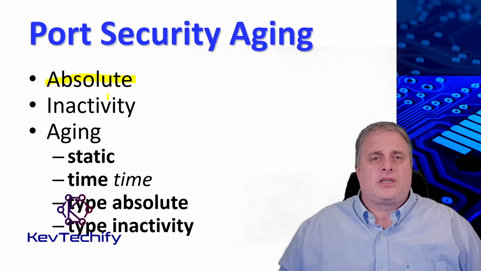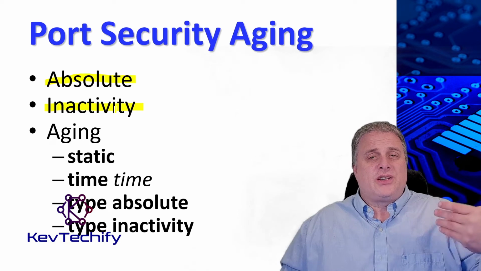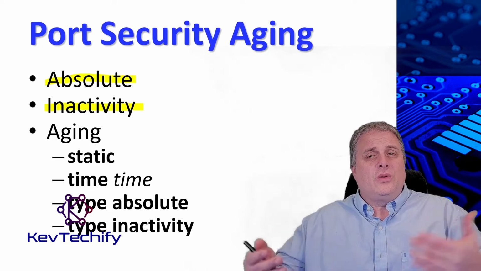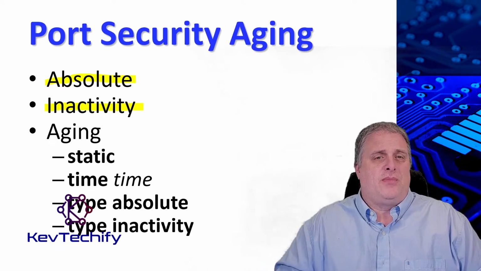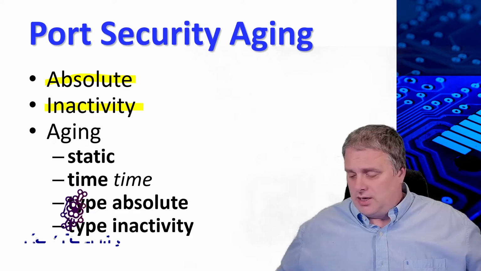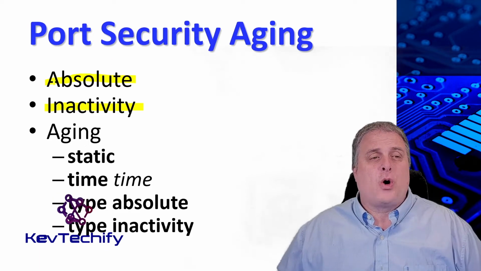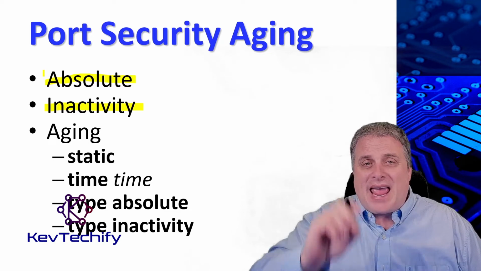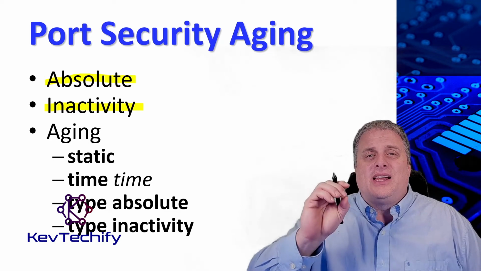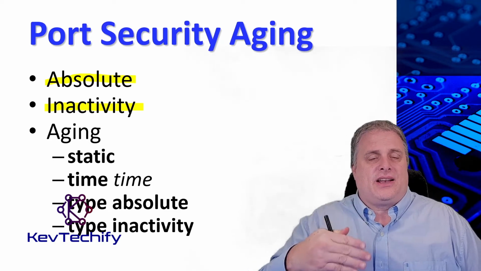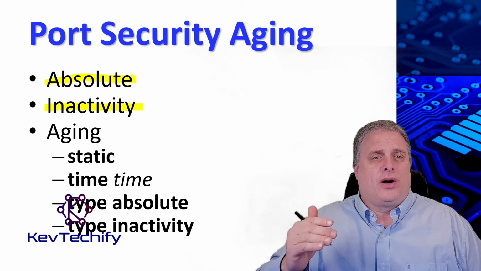The other type of aging here is inactivity. The secure addresses on the port are deleted only if they're inactive for a specified period of time. So absolute, after so many minutes, regardless if it's active or inactive, it deletes that MAC address for that port.